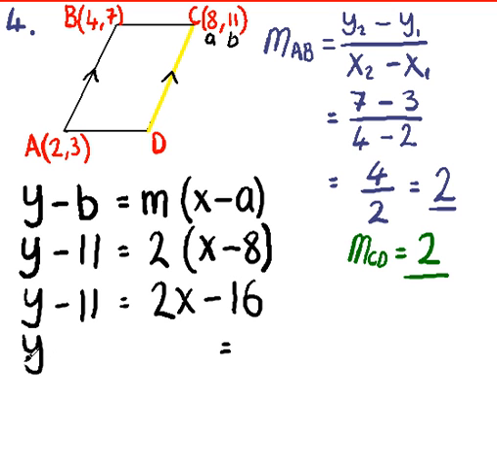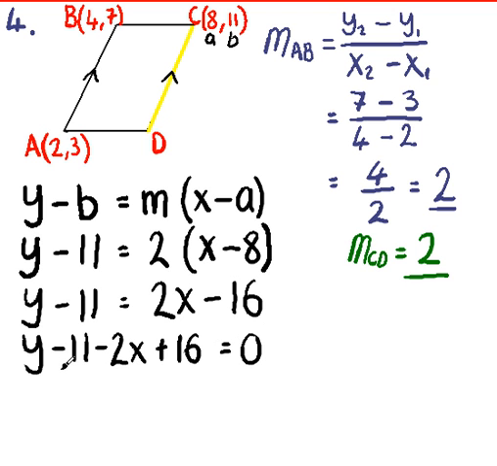We have our y and our minus 11 on the left already. The 2x changes side, so it becomes minus 2x, and the minus 16 changes side, so it becomes plus 16, and that's equal to 0.